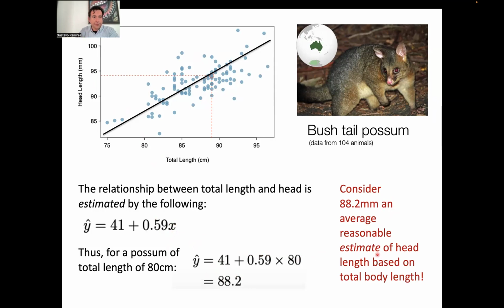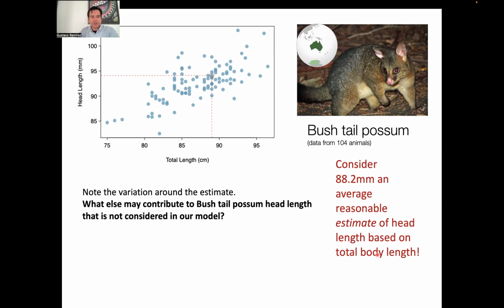So again, we're modeling the head length using linear regression. Note the variation around the estimate. What else may contribute to bush-tailed possum head length that is not considered in our model? Obviously, there's a ton of other things other than just the length of the body that could contribute to the head length of any particular animal. From an evolutionary perspective, there might be subpopulations.